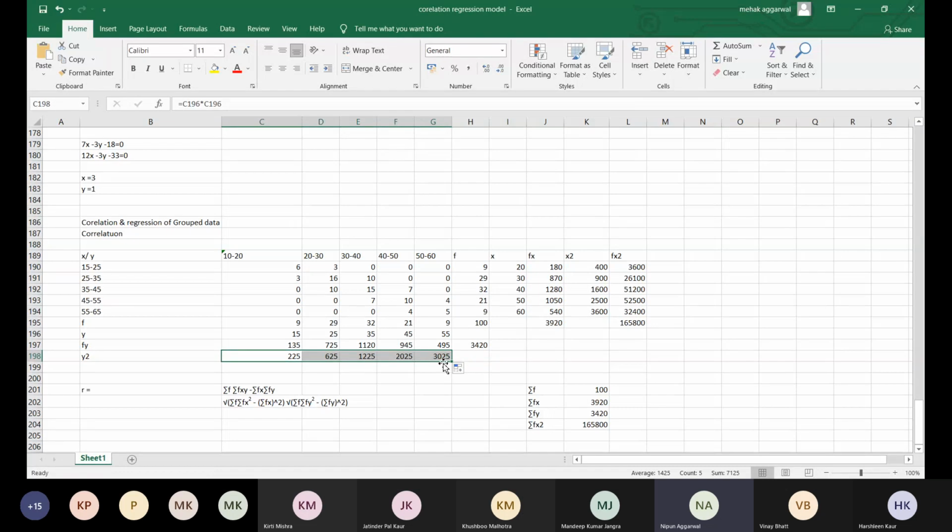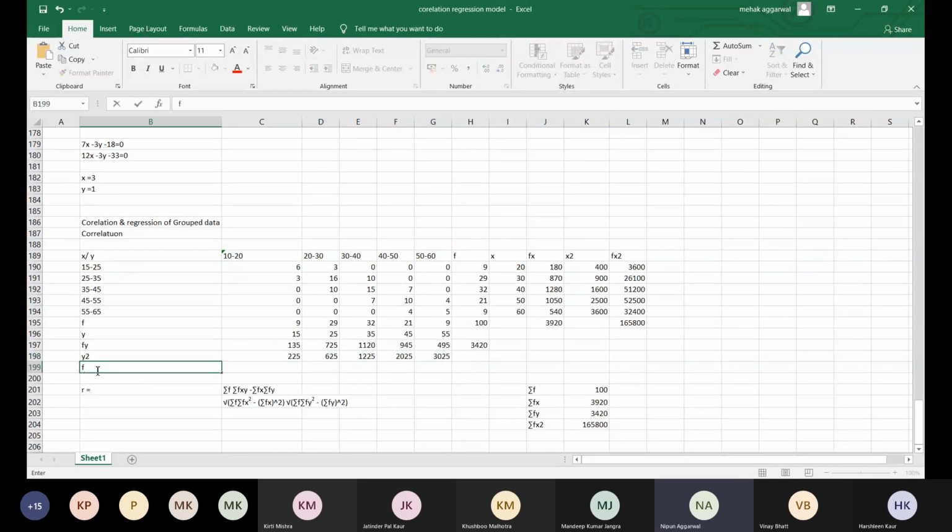So this is your y square. Now you want fy square. So fy square is f into y square. So this becomes your fy square.